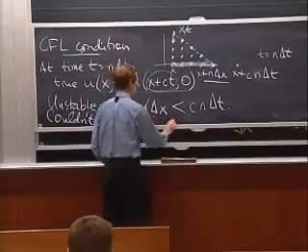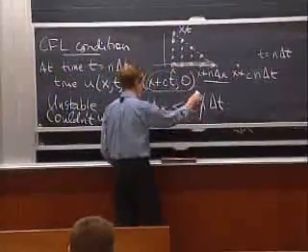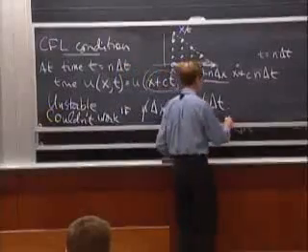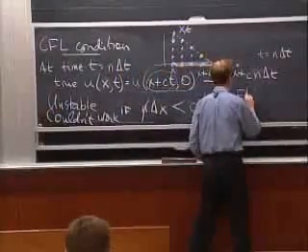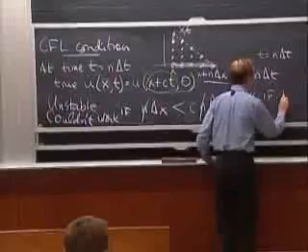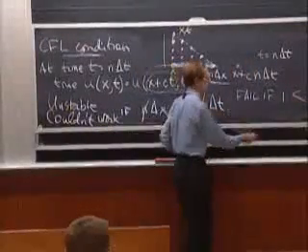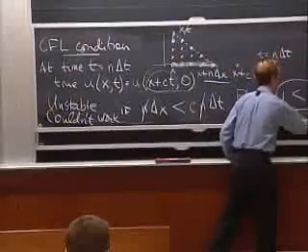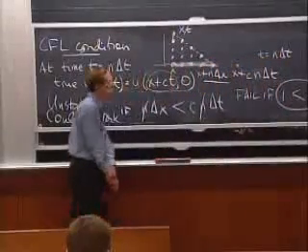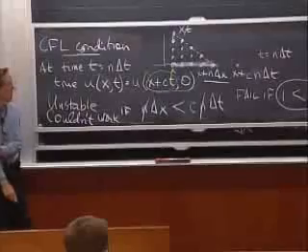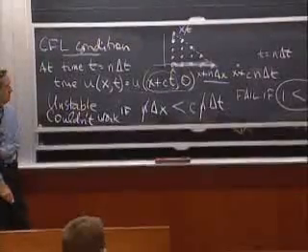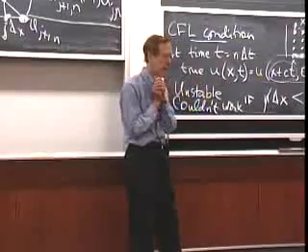So let me just cancel n, divide by delta x, and I say fail if 1 is smaller than c delta t over delta x, which is r. It fails if r is bigger than 1, by this reasoning of characteristics.